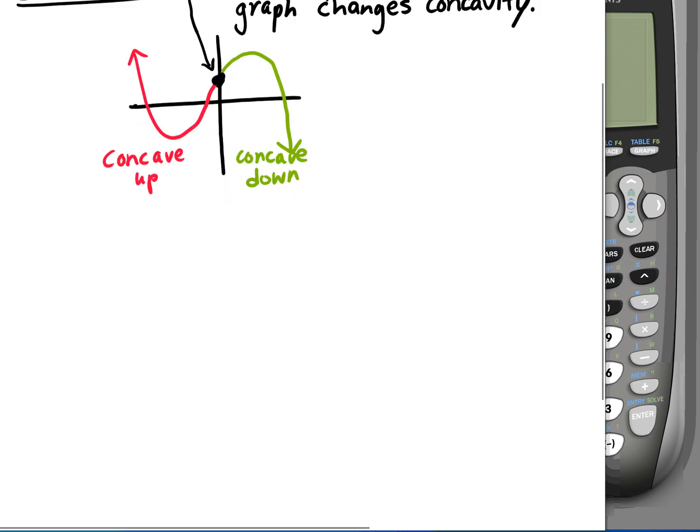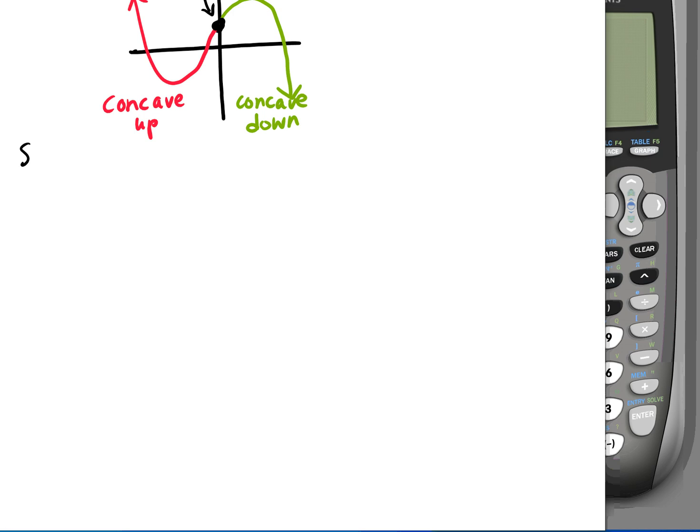Again, second derivative test. We will have to find two derivatives, and we're going to set the second equal to 0.